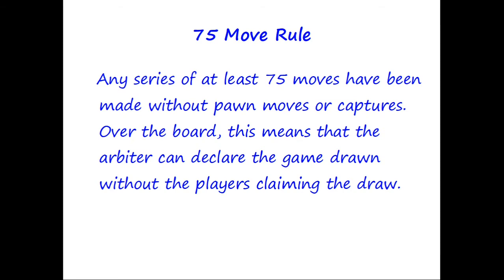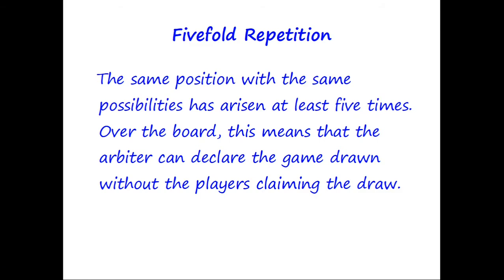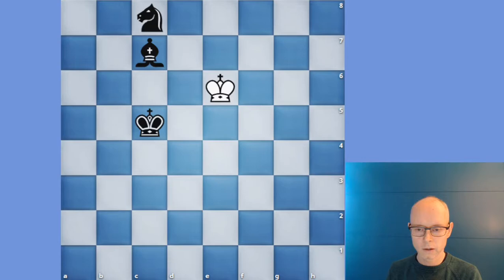He can, if he wishes, stop the game and declare it a draw. And the 5-fold repetition is very similar to the 3-fold repetition, and the difference is very similar to the difference between the 50 and 75 move rules, in that the arbiter can stop the game if he wishes, and he sees that it's been a 5-fold repetition.